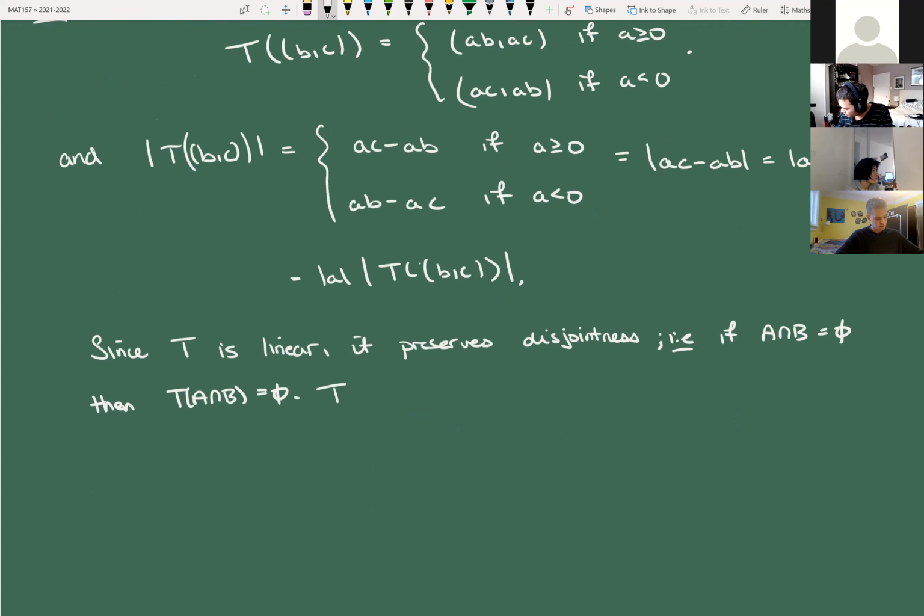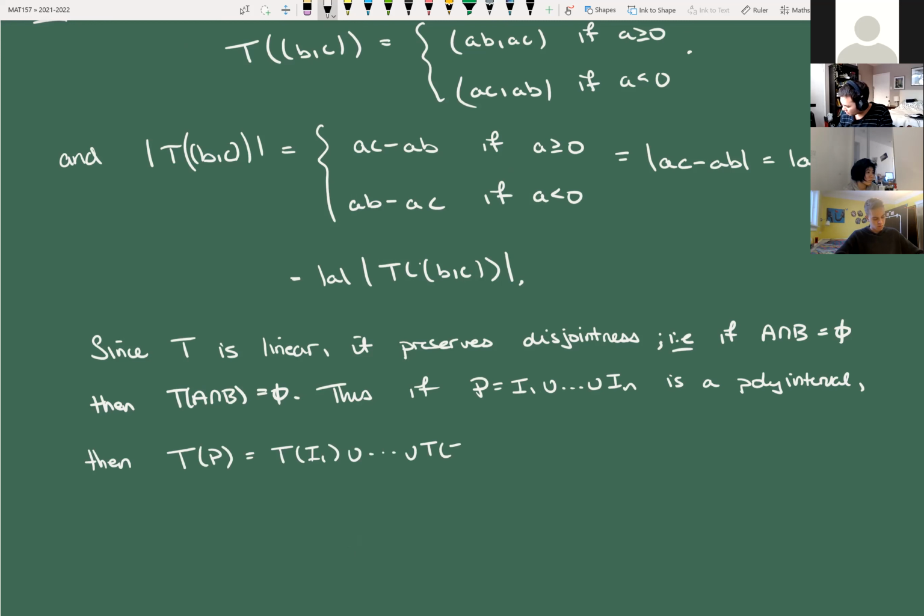So thus, if P, let's say I1 union ... union IN, is a polyinterval, and remember, those I's are disjoint, right? Then T of P is equal to T(I1) union dot dot dot union T(IN), which is also a polyinterval.